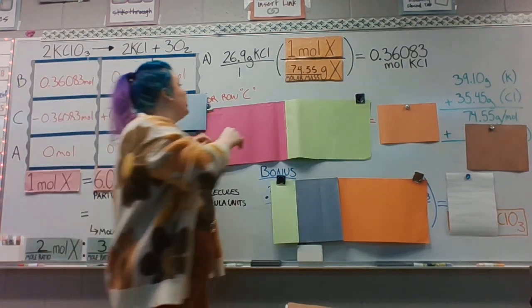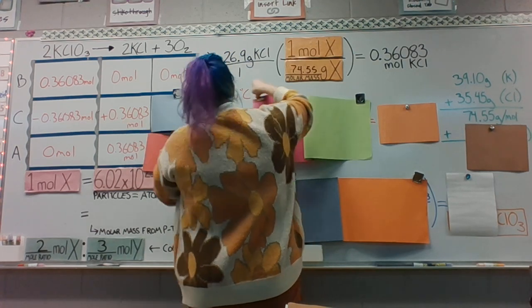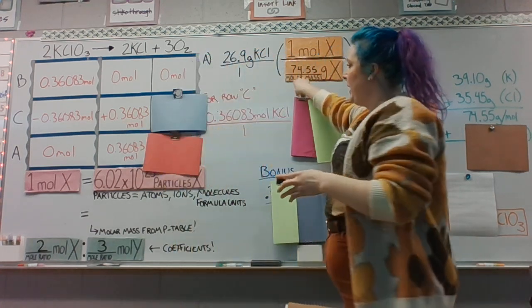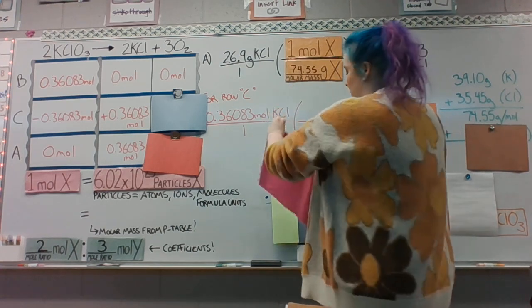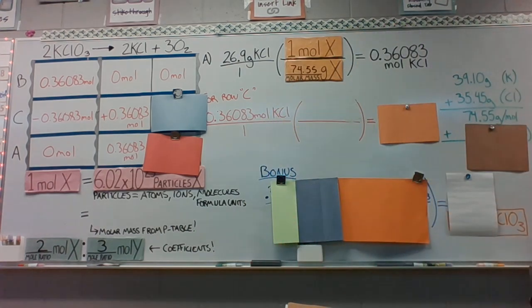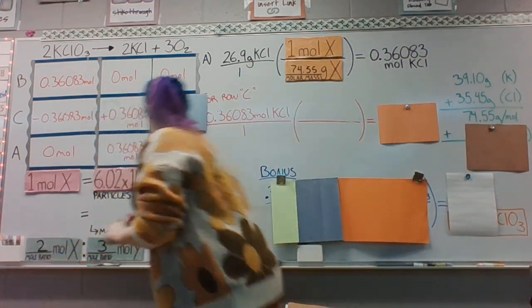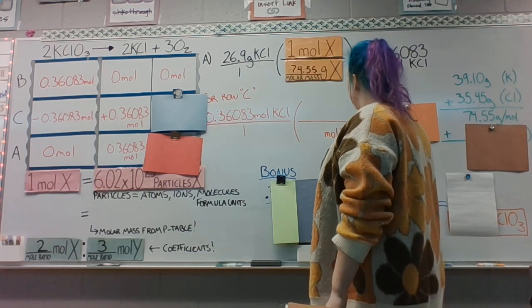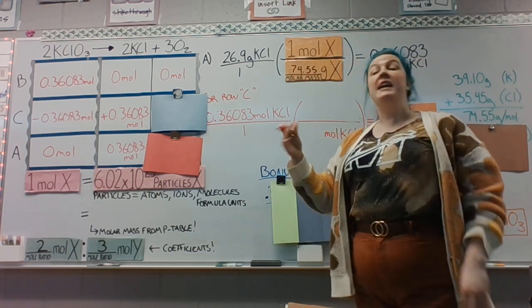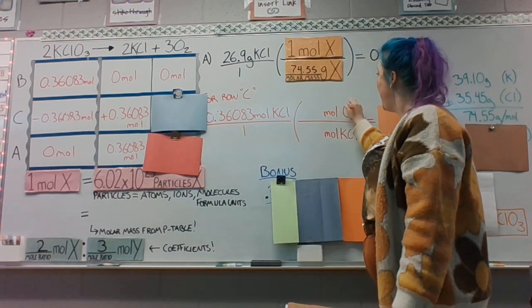So when we're looking at row C, we are starting with what we know, which is 0.36083 moles of KCl. Put this over here. Units on top must come down. So if I have units of moles of KCl on top, I need moles of KCl on the bottom. I am trying to get to moles of O2, so I'll put moles of O2 on top.